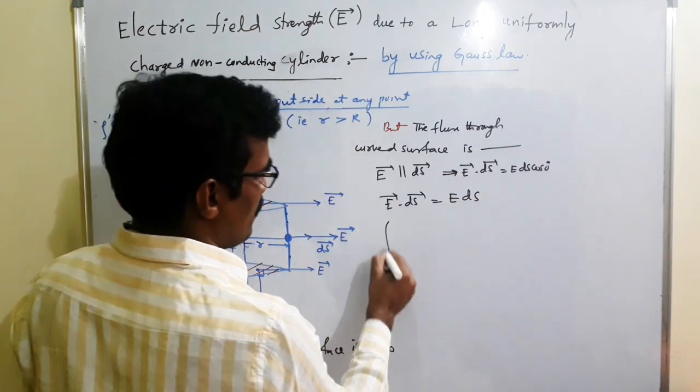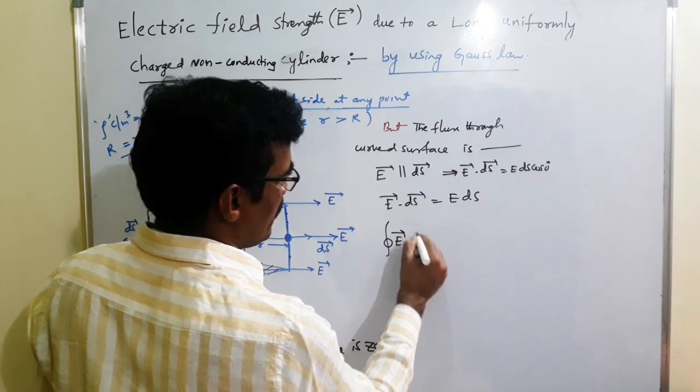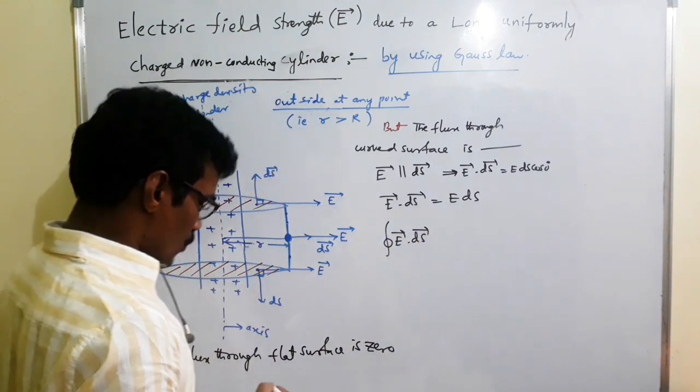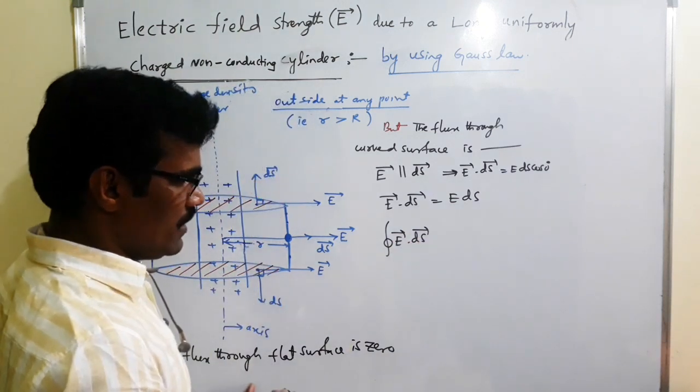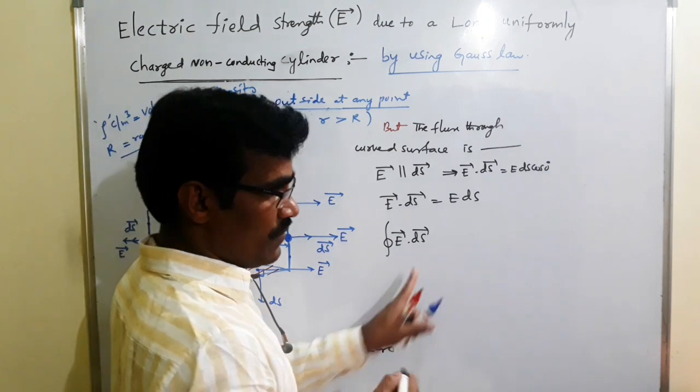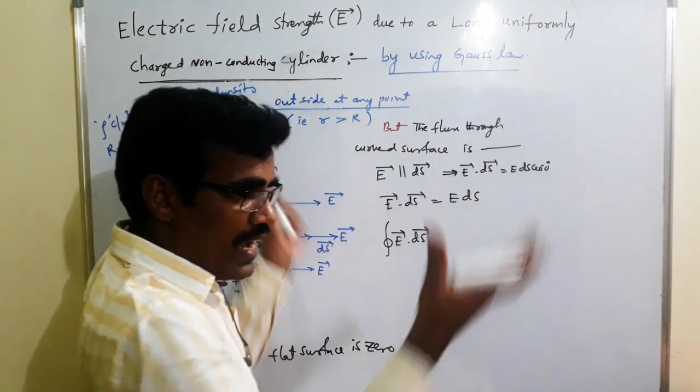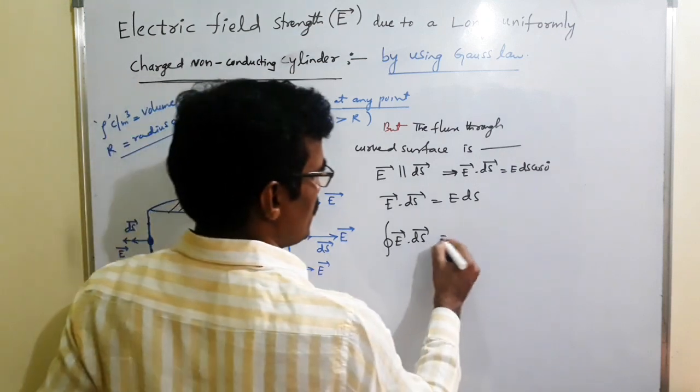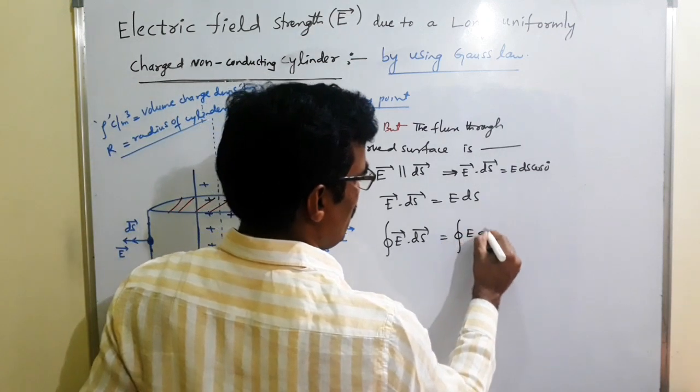On integration, since the flux through the flat surface is 0, the flux through the curved surface is the flux through the entire surface, which equals integration E ds.